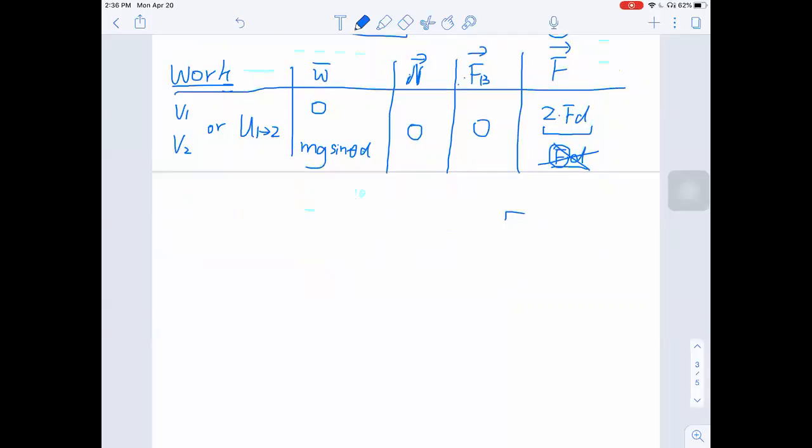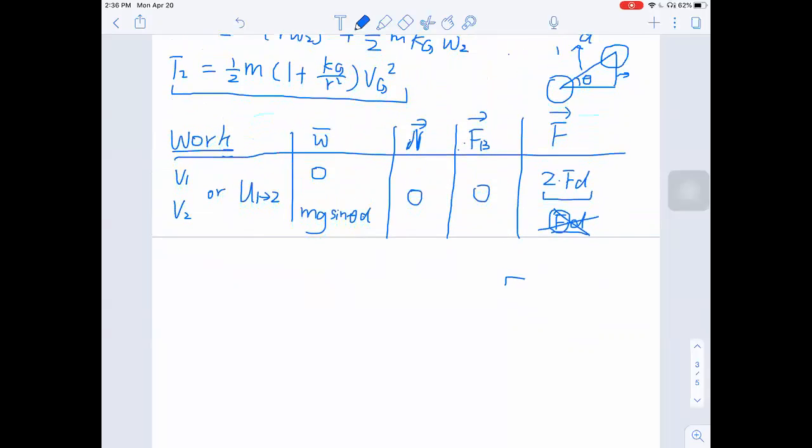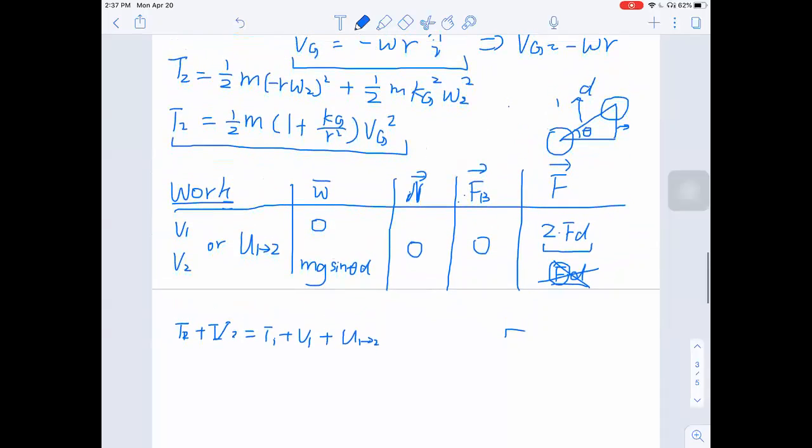Now we should have all the components we need. Now we can assemble the work energy equation. T2 plus V2 equals T1 plus V1 plus work 1 to 2. And T2, we can copy here.